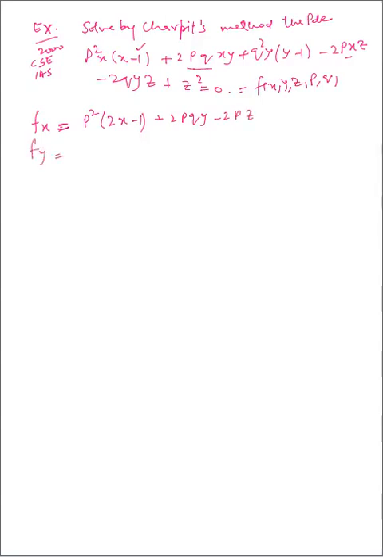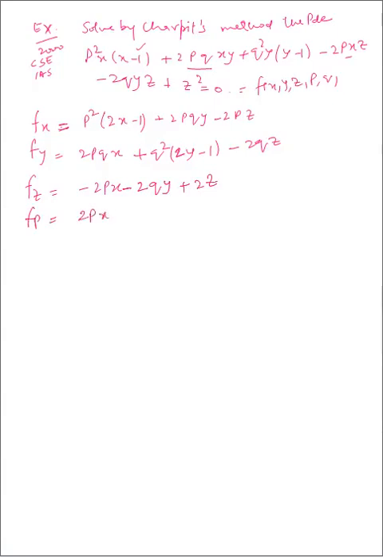Then fy is 2pqx plus q square, y square minus y gives 2y minus 1, then minus 2qz, that's it. fz is minus 2px minus 2qy plus 2z. fp is 2px (x minus 1) plus 2qxy minus 2xz. fq is 2pxy plus 2qy (y minus 1) minus 2yz. So we got the partial derivatives.